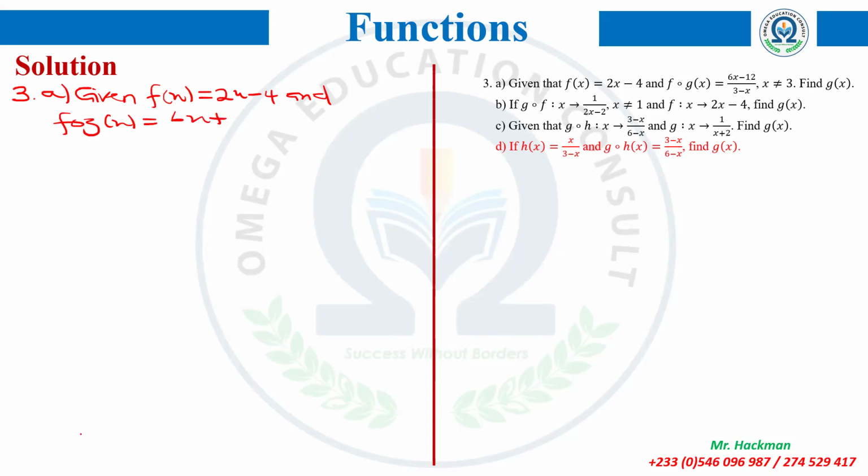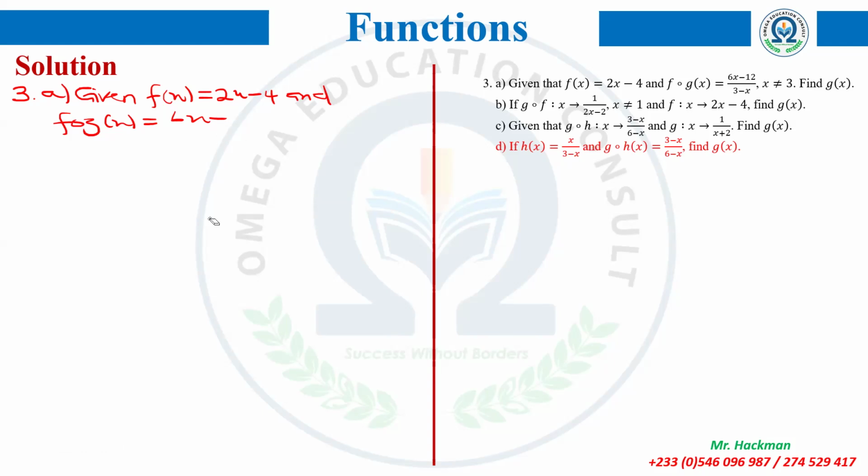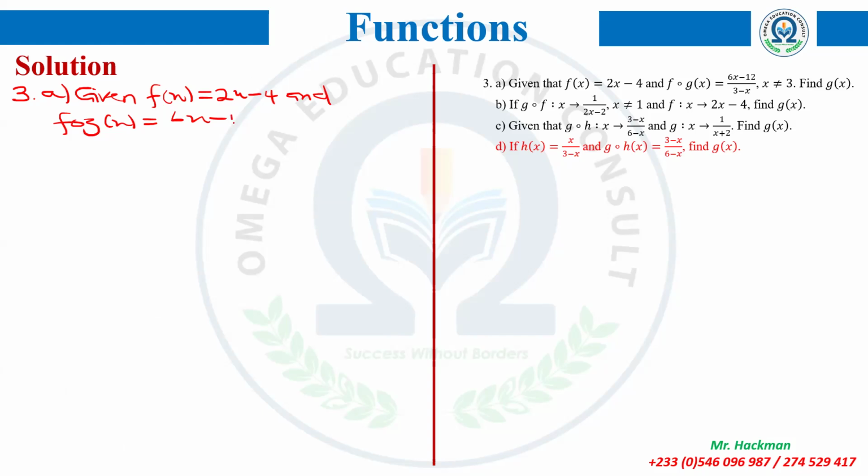Sorry, it's minus 12 instead. So minus 12 all over 3 minus x. But the constraint is attached, so x, you equally have to attach, is not equal to 3. We need to find g of x.